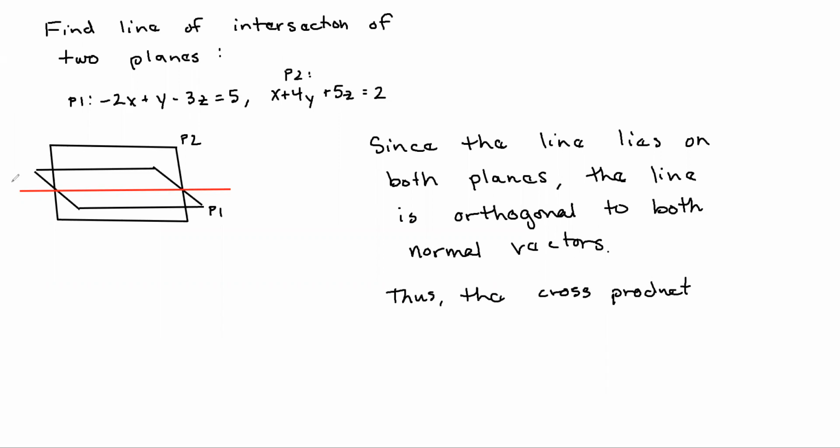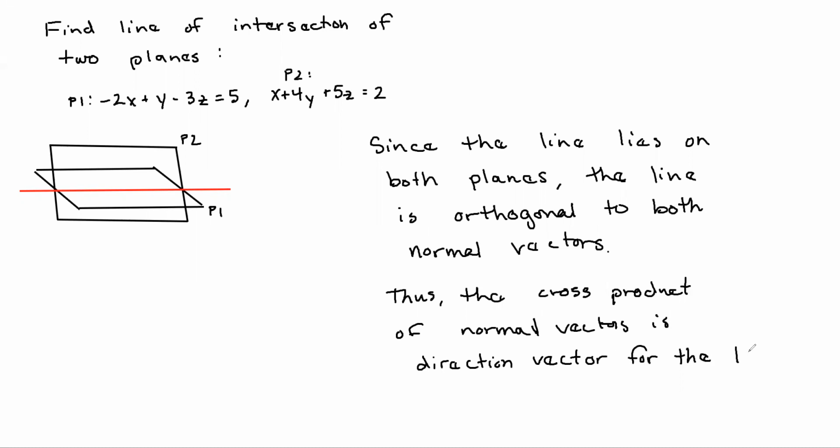In particular, the cross product is not going to get us the line here, but it will get us a vector that is along that line. Okay, so now that we know that, let's actually find that vector.